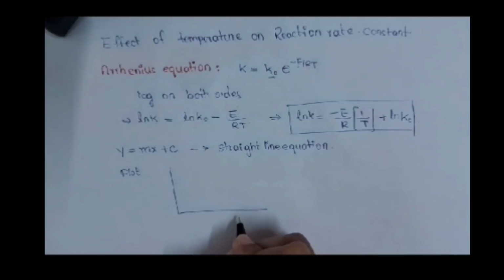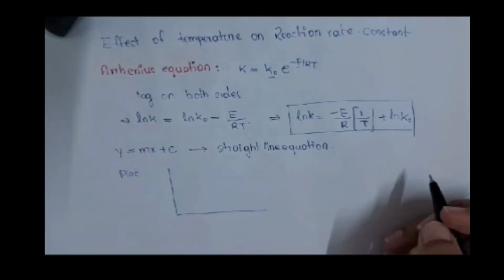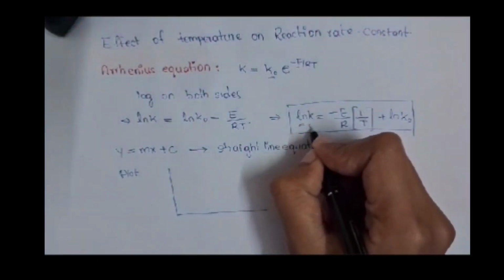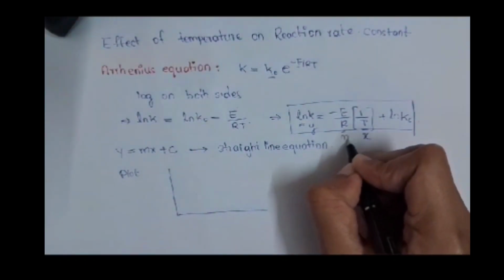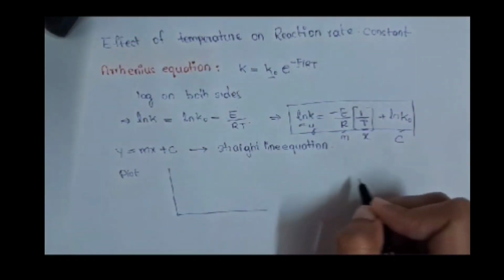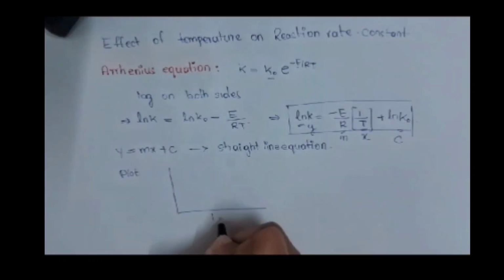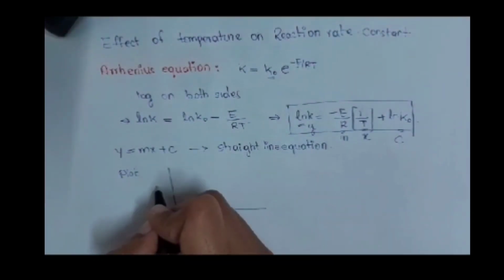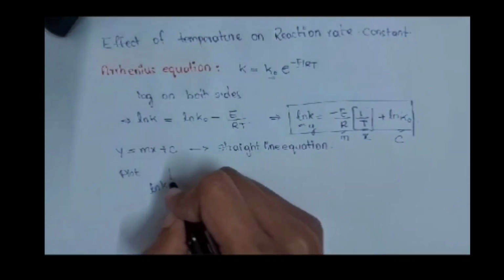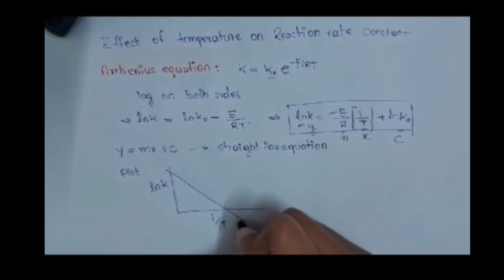Plot a graph of ln k versus 1/T. By comparing both the equations, with y = ln k and x = 1/T, we get a slope m = −E/R and an intercept equal to ln K0.